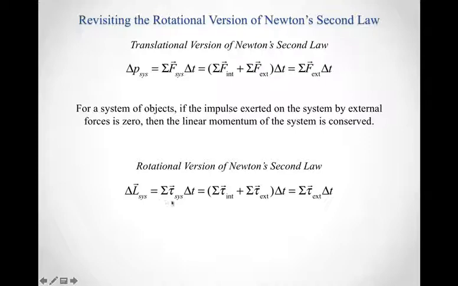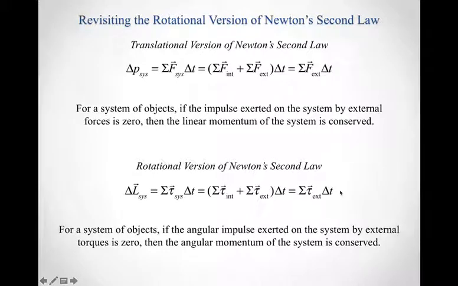And again, I can break up that net torque term into internal torques and external torques. And the internal torques, again, are going to cancel out. So if you want to think about how the angular momentum of a system of rotating objects is changing, what you need to think about is the net external torque acting on the system times some chunk of time that you let them act.